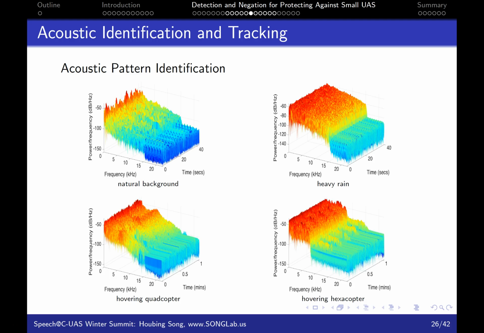From our findings, for the natural background, heavy rain, hovering quadcopter, and hovering hexacopter, the power spectral density graph is different. Now you can see for these four types of acoustic, the pattern is totally different.